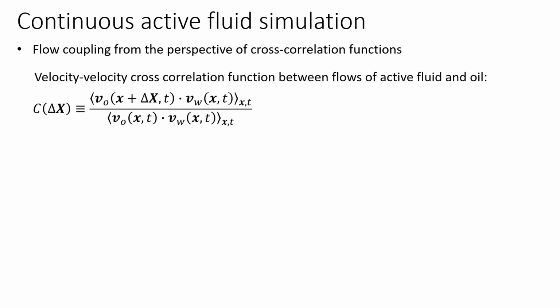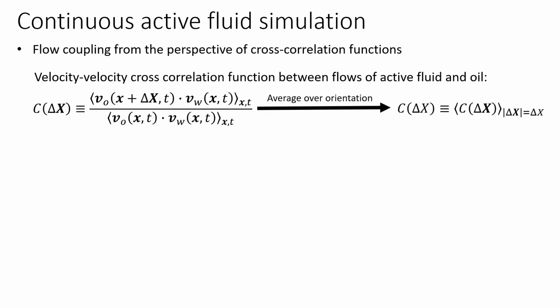We define the normalized same-time velocity-velocity cross-correlation function between active fluid and oil. And then we average this function over orientation, which allows us to quantify the flow correlation between a pair of active fluid element and oil element based on their separation.